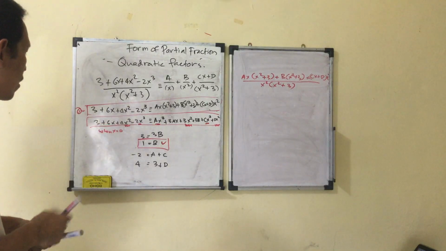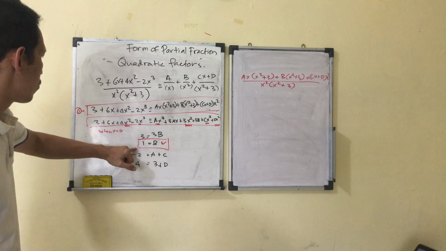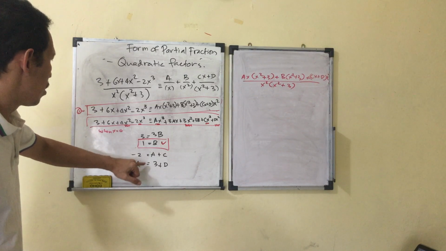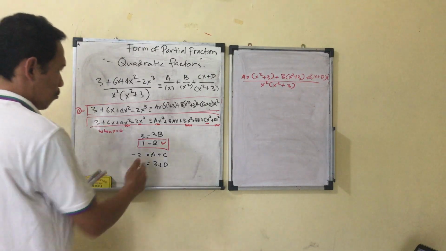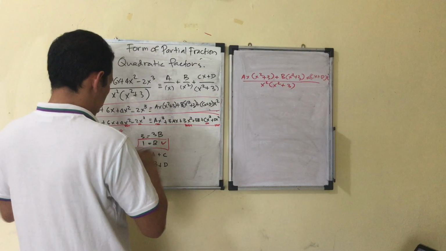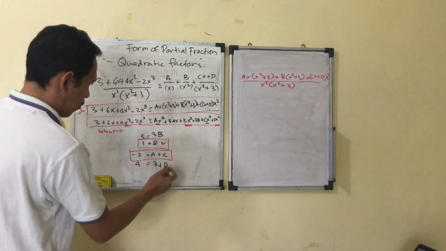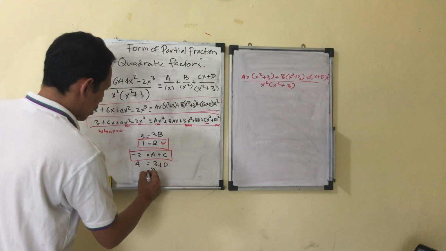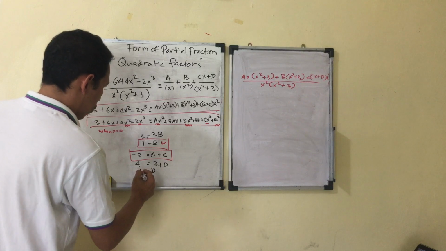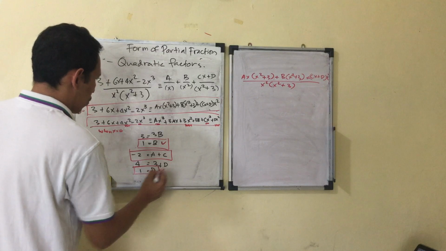Do we know any of the values yet? We have known b, so we can actually solve for d. So d is equal to 4 minus 3, which is 1. So we have found d is equal to 1.